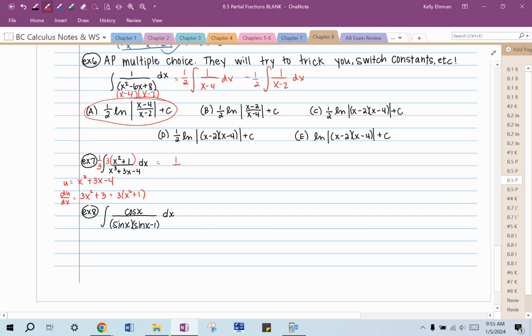And I always like to rewrite the integral in terms of u. So this leaves me with 1/3 times 3 times x squared plus 1 times dx, which is du, and I have 1 over u, which is that entire expression. So this is 1/3 times the natural log of the absolute value of u, which is x cubed plus 3x minus 4, plus c.